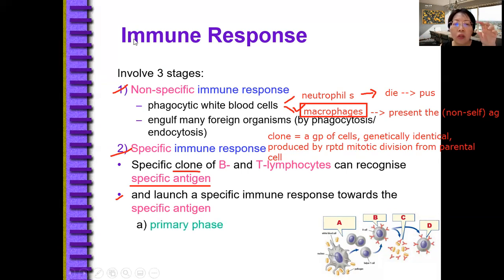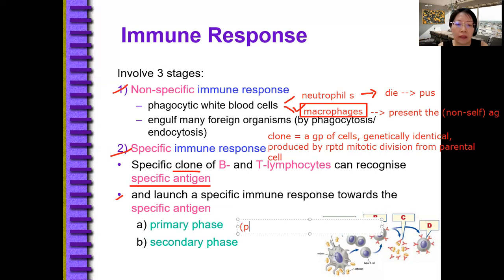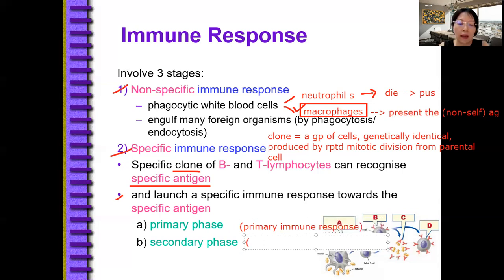It involves the primary phase and secondary phase, where the primary phase is what you have learned as the primary immune response, and the secondary phase is your secondary immune response. So what is primary and secondary?